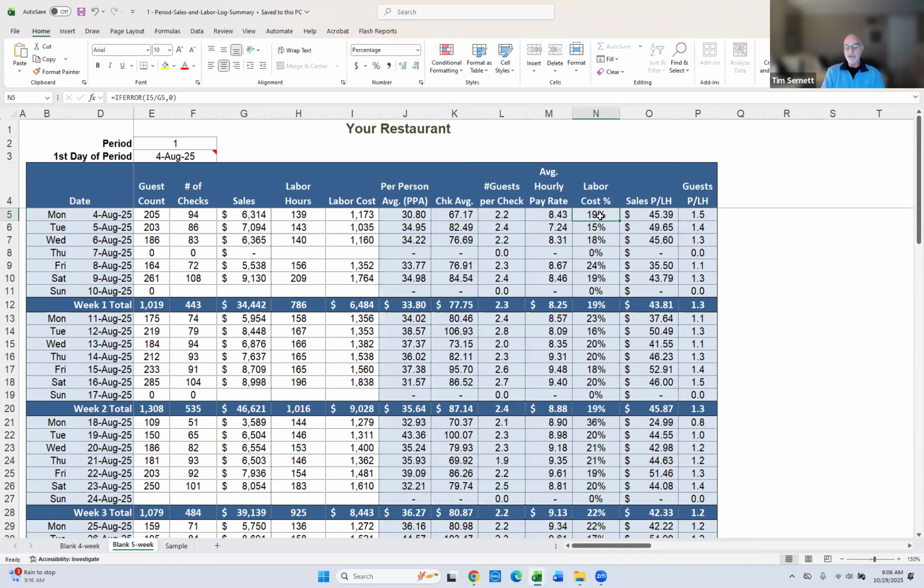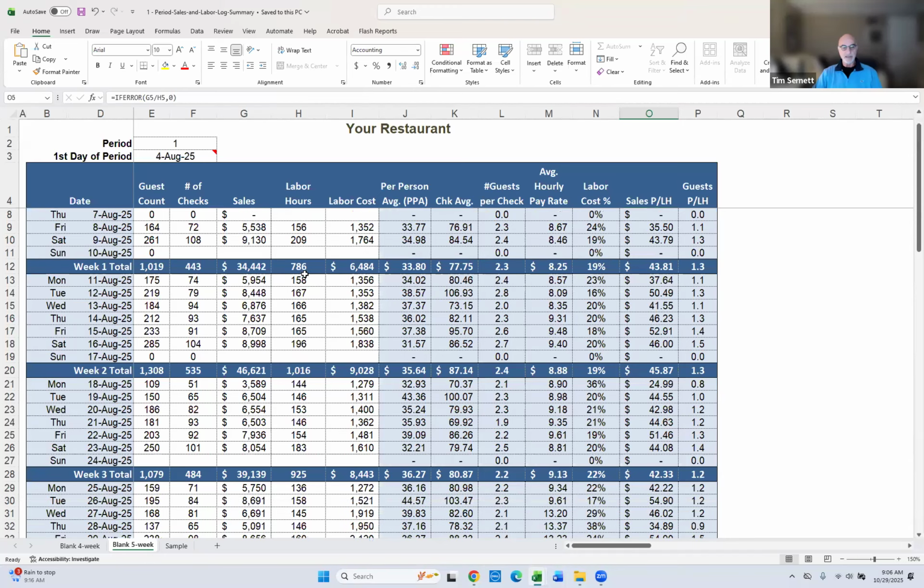And those numbers just come from dividing. Labor cost percentage is your labor cost divided by the total sales. The average hourly pay rate is the total labor cost divided by the total number of hours. Your sales per labor hour is the total sales divided by the number of labor hours.